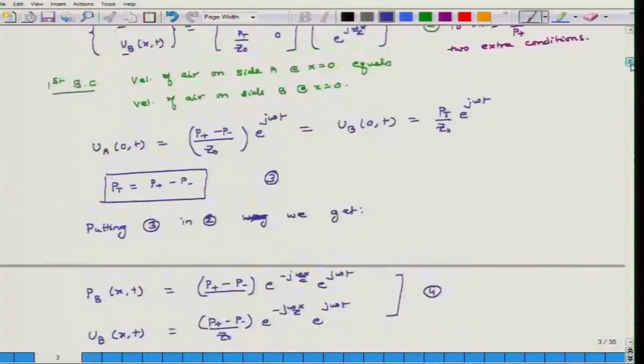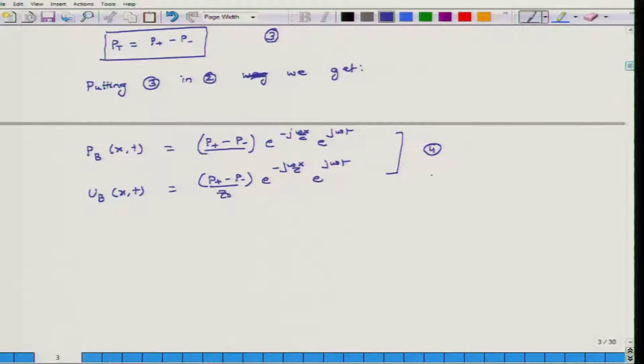That expression has been shown here and it is numbered as 4.